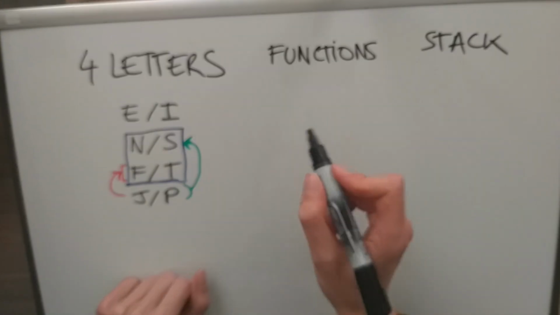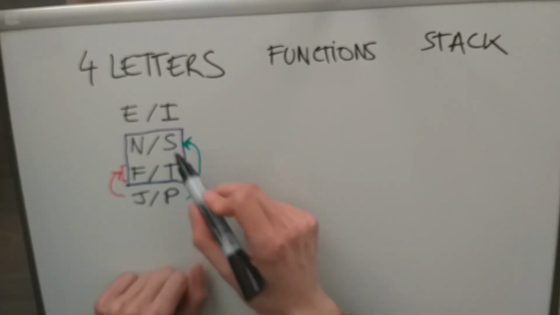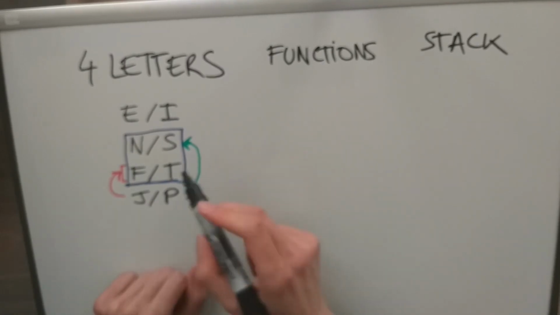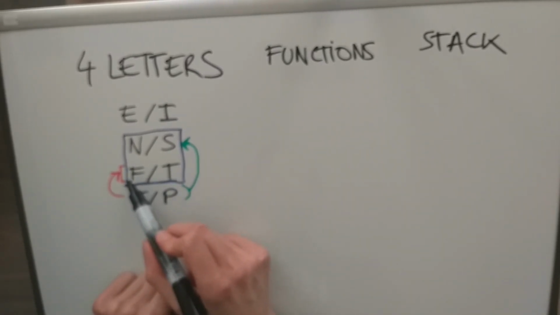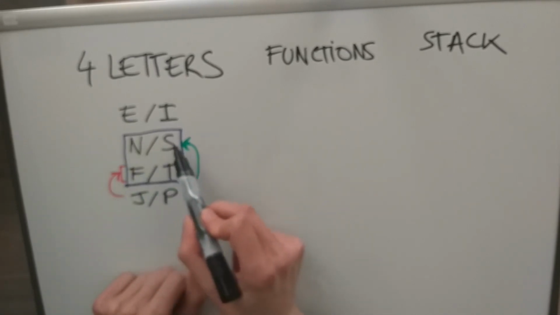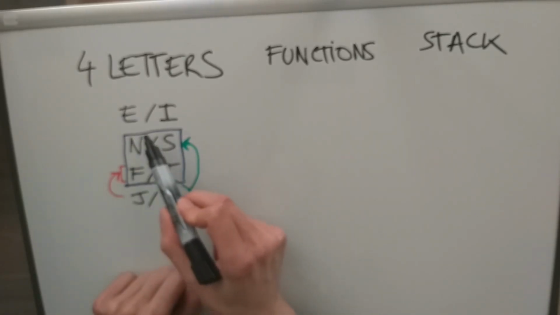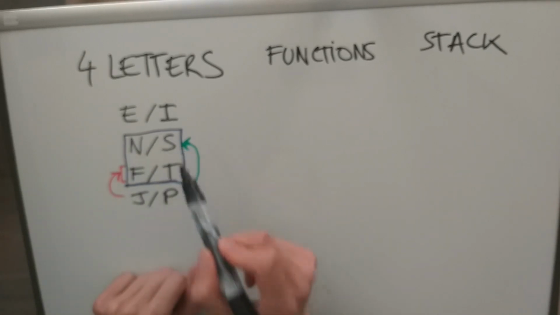And so another thing that's important to understand is that every single function works in pairs. So basically what you'll have is pairs will work within the same type. So you have pairs of judging functions and pairs of perceiving functions, and it'll be one of each from the different energy polarity. So you'll have one that's extroverted and the other that's introverted.